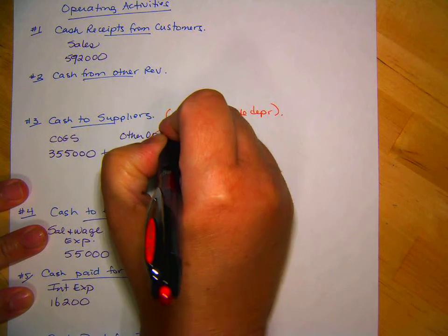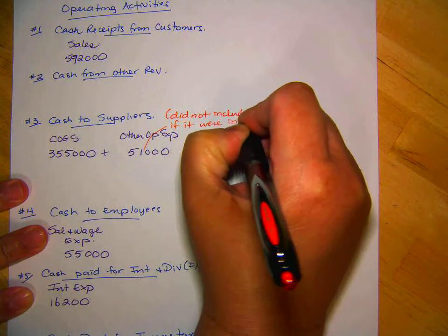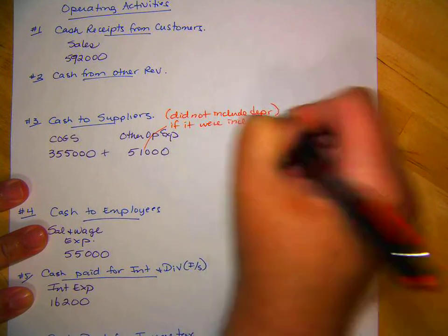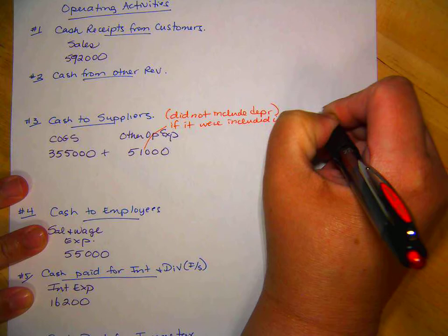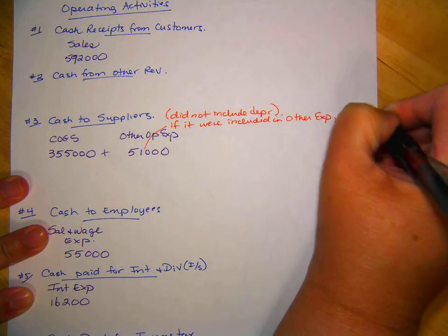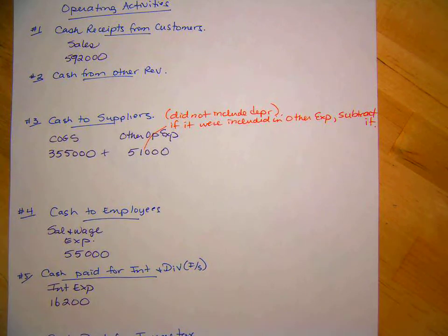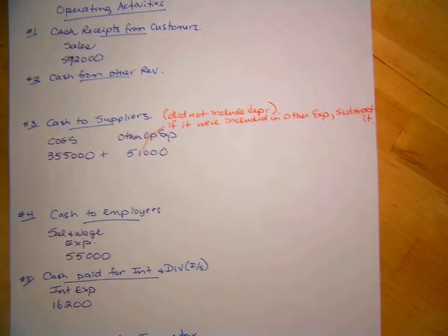So if it were included in other expenses, subtract it. Okay, so we've checked off everything on our little income statement that goes in operations. Now let's look at the balance sheet.